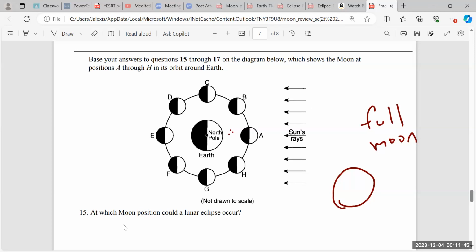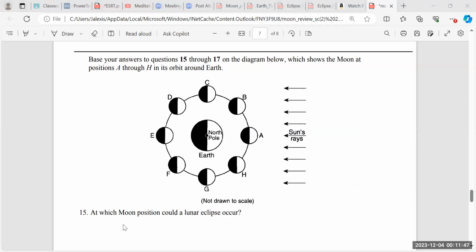We just said it. It has to be where the Earth is in between the moon and the sun. So if my sun is here, because the sun rays is on the right, my Earth is here, my moon has to be on this side in order to get a lunar eclipse.